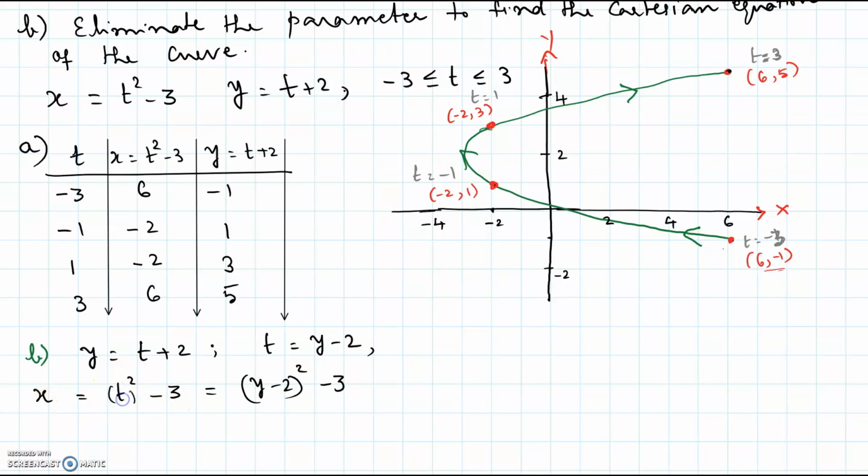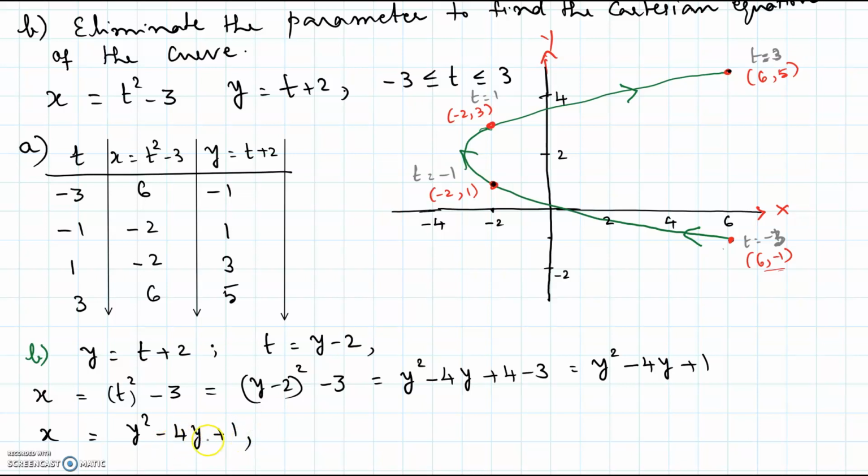So if you replace t by y minus 2, you get (y minus 2) squared minus 3. This gives y square minus 4y plus 4 minus 3, which is y square minus 4y plus 1. This is a horizontal parabola, x equal to y square minus 4y plus 1.